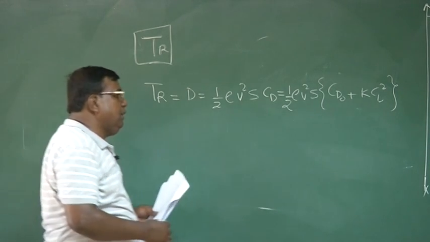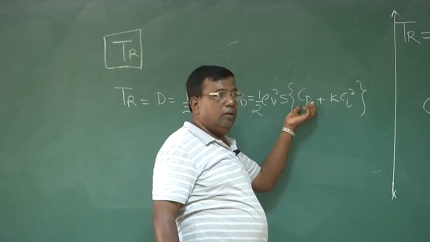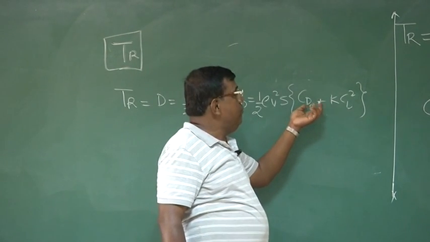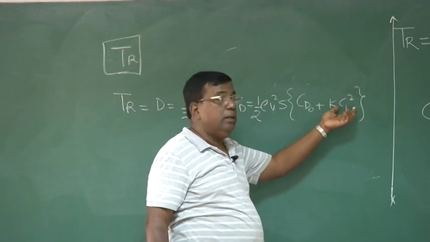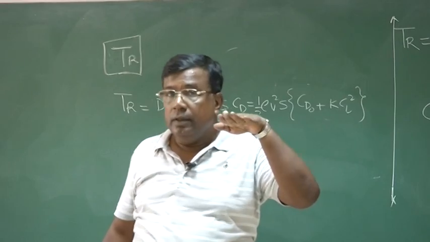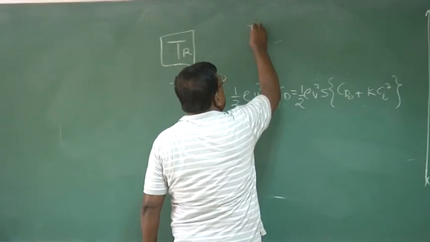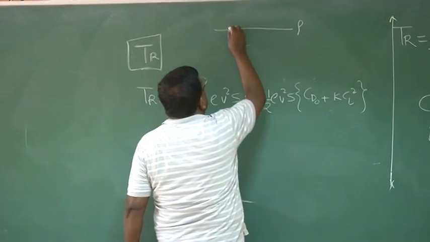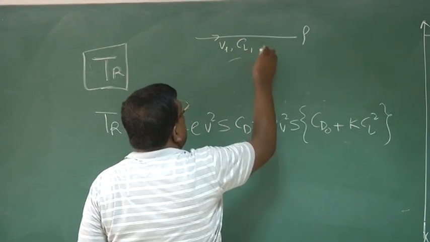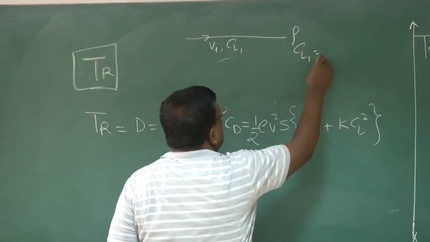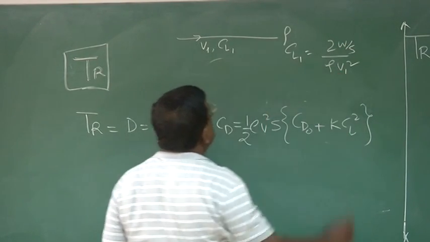One thing physically, I know that CD naught is going to be constant for low speeds, right? But as I increase the speed, my CL requirement will go on reducing for the same height, maintaining the same height. That is, if I am flying at this altitude, say rho, and I am flying at V1, I need a CL1, which is given by CL1 equal to 2W by S rho V1 square.